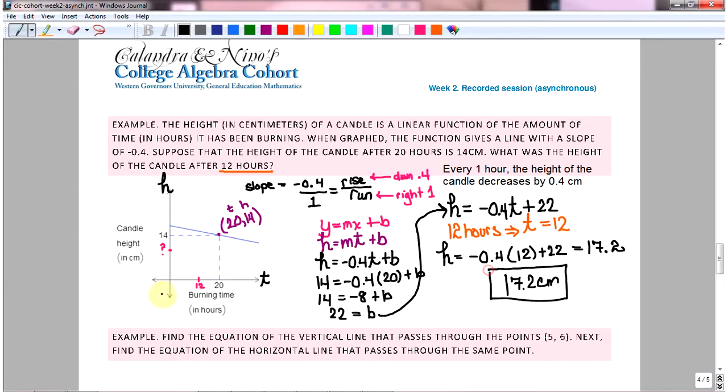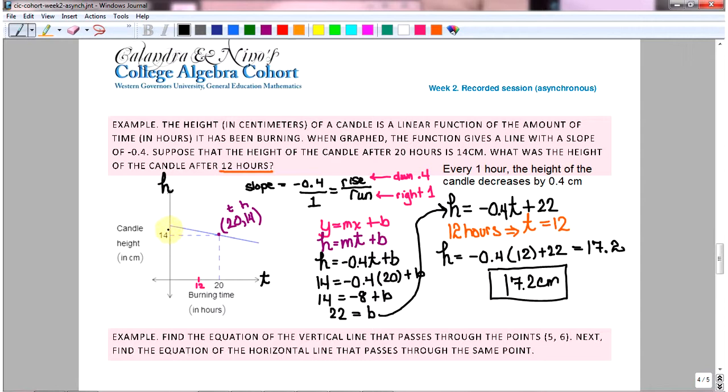So let's go back to our picture and see if that makes sense. So at 12 hours, when I drew that, you may have caught this when I did that initially. Since the candle has not been burning as long, it's going to have a bigger height.